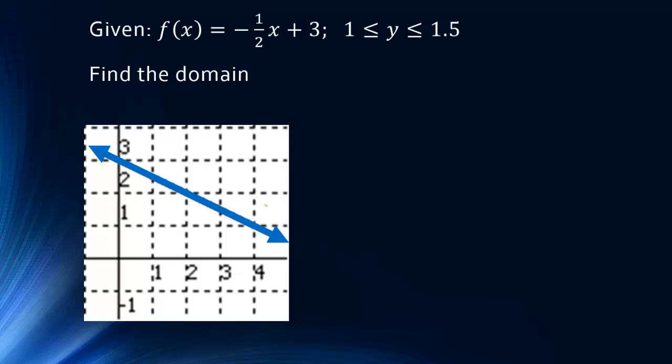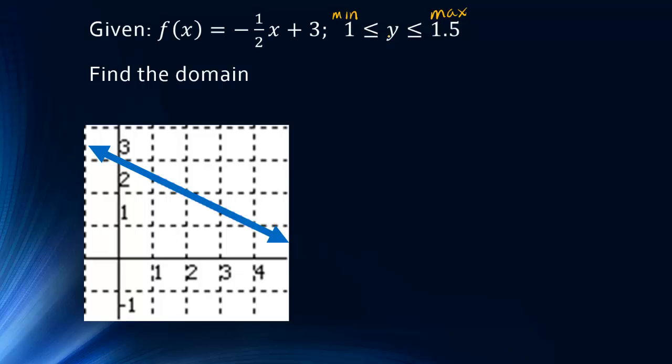This is practice, example, whatever you want to think of it as. Given f of x equals -1/2 x plus 3, so that's this graph, and the restrictions, y is greater than or equal to 1 and less than or equal to 1.5. When you see this, on your left is always going to be your minimum, and on your right is always going to be your maximum.